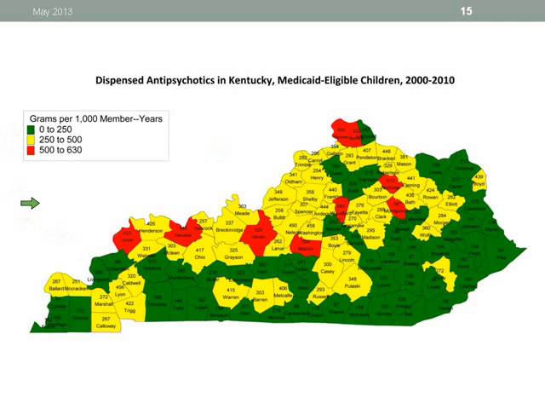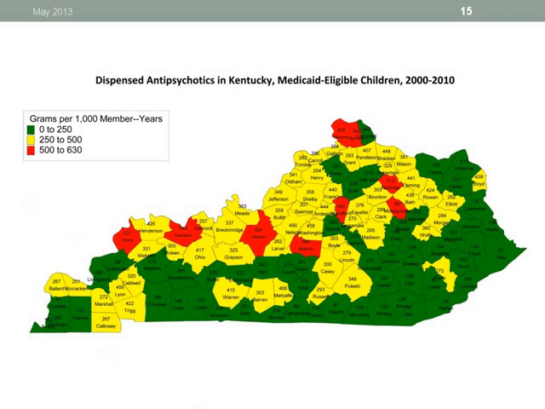Now, again, this is grams, so this reflects the county of residence for the individual receiving the medication. This isn't driven by, okay, well, there's a mental health center in such and such county, and all the kids from everywhere are going there. No, that would be reflected in the number of prescriptions, but not in the grams.